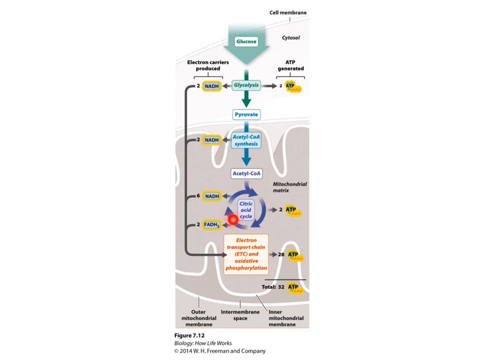Then we run the citric acid cycle twice to get 6 NADH, 2 FADH2 and 2 more ATP. Then the electron transport chain and oxidative phosphorylation, which we just covered, gives us an additional 28 ATP. So the bulk of the ATP is synthesized by oxidative phosphorylation.